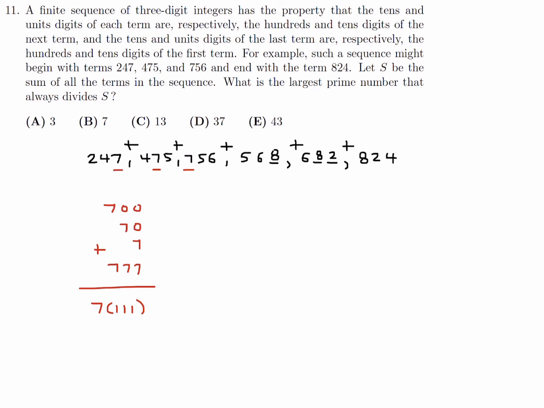And then in a very similar way, if you look at any other number, let's for example look at 6. It's here, and then it was here, and then it was here. So it also appears in the hundreds digit, the tens digit, and the units digit. And if you add those, it will be 666, which is 6 times 111. And you can do the exact same thing for all of the other digits.